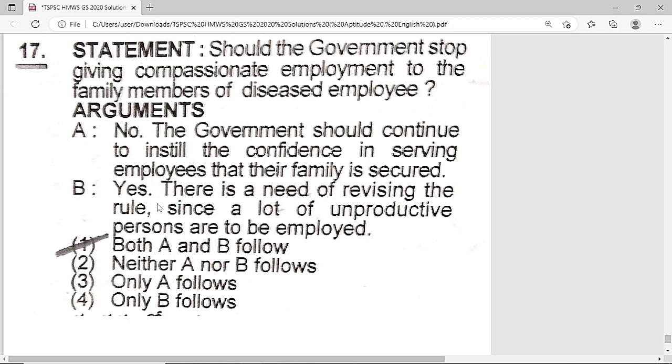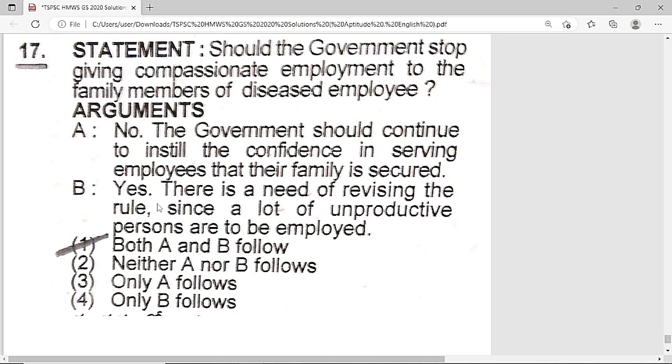Should the government stop giving compassionate employment to the family members of the deceased employee? No means what is going to happen? The government should basically instill the confidence in serving employees that their family is secured. Because of this, the family members are going to feel secured that even if I die, my family is secured because one of them is going to get the job.